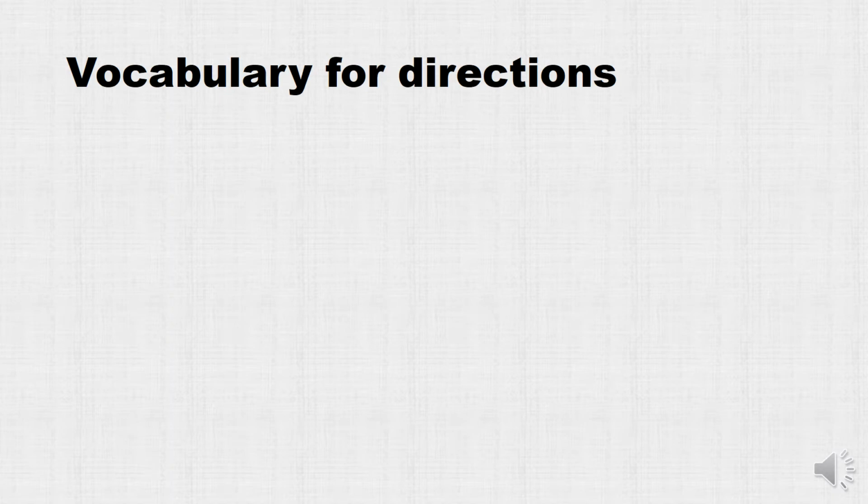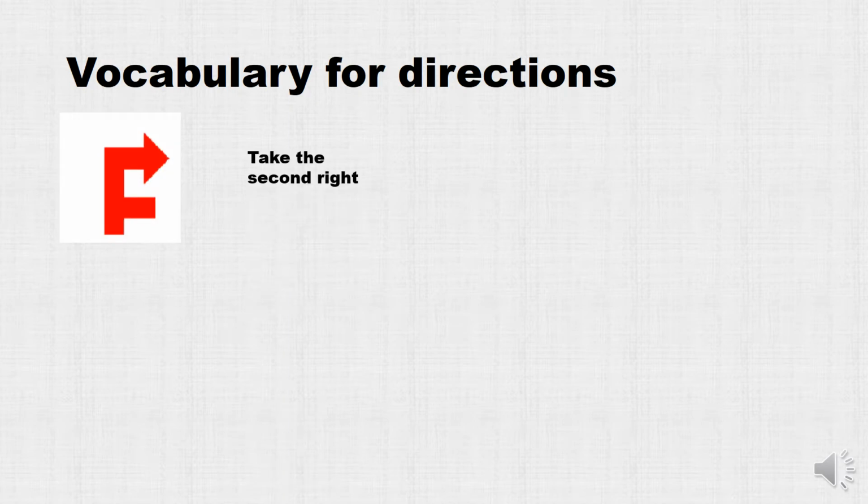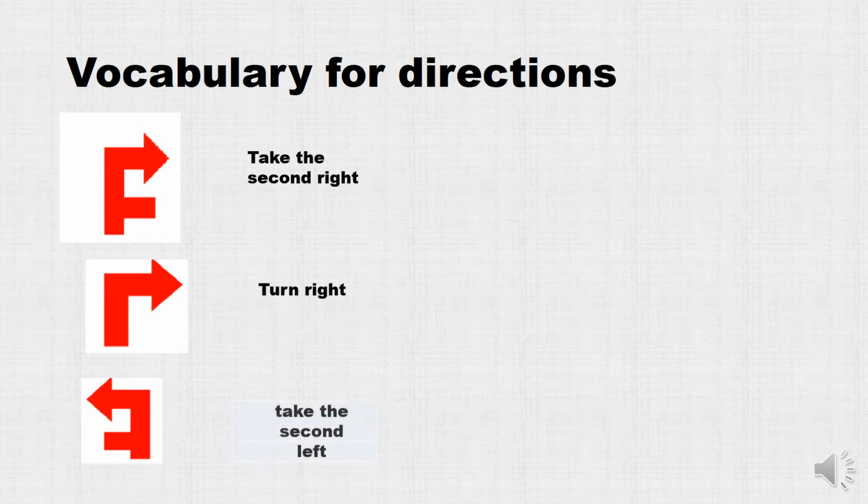Before we learn how to give directions, let me teach you the vocabulary for directions. I will show you some relevant vocabulary with the help of pictures. Take the second right. Turn right. Take the second left.